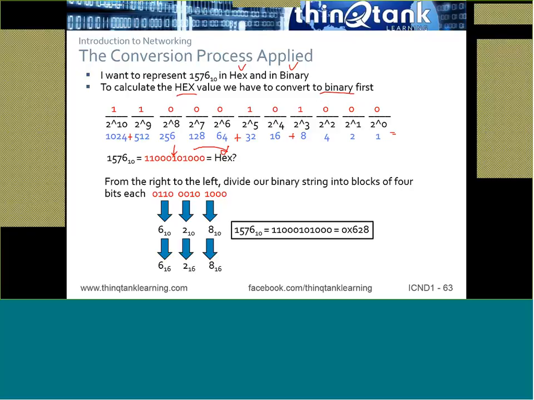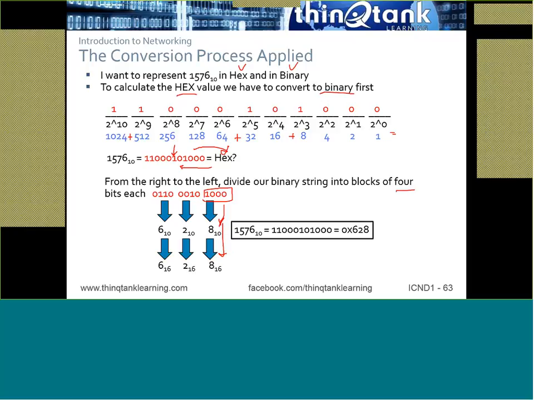From the right to the left, divide our binary strings into blocks of 4 bits and simply convert the value of those 4 bits to their decimal equivalent and then their corresponding hex equivalent. Now, it happens to be that 628 in base 10 is the same in hex, 628, because we don't have anything above 9. If it was 1028, then we would see an A instead of a 10 for the hex portion.